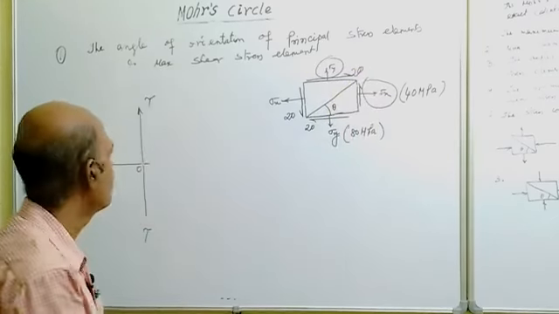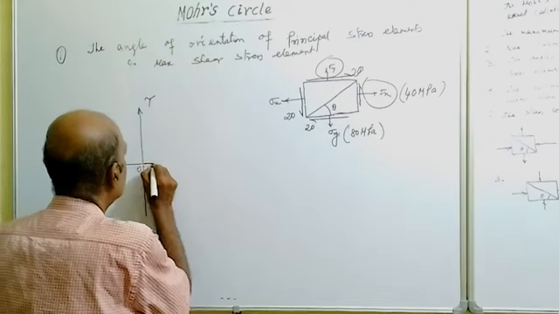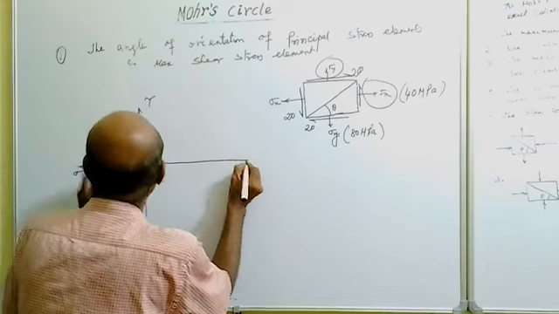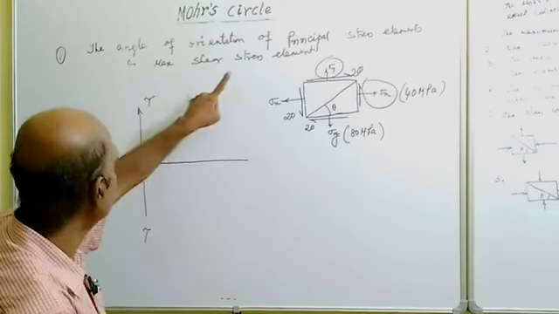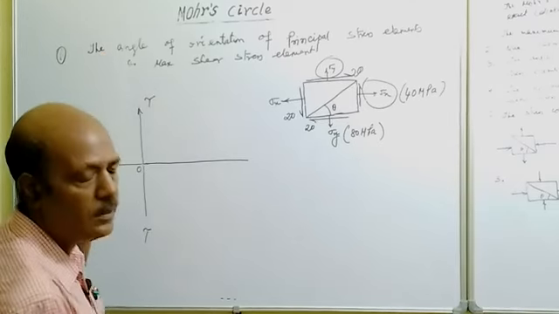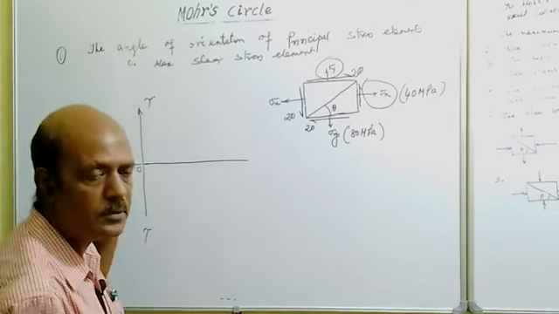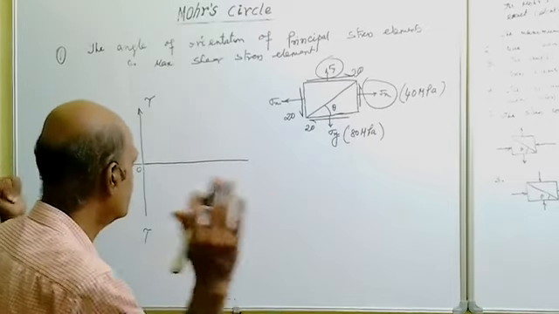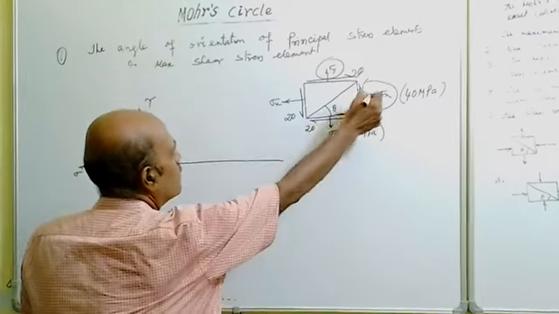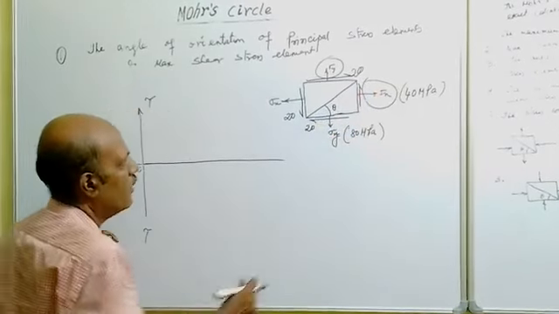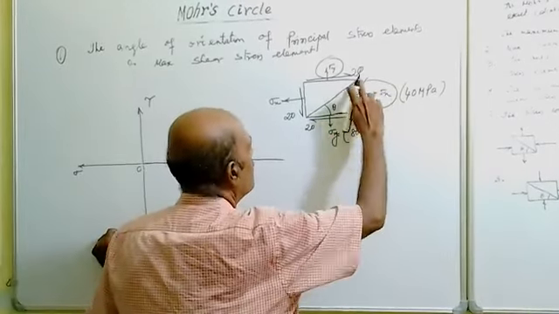Now draw the Mohr circle for this. So we are studying the angle of orientation of the principal stress element and the maximum shear stress element. For this, first draw the Mohr circle. From x face we have got 40, 20.